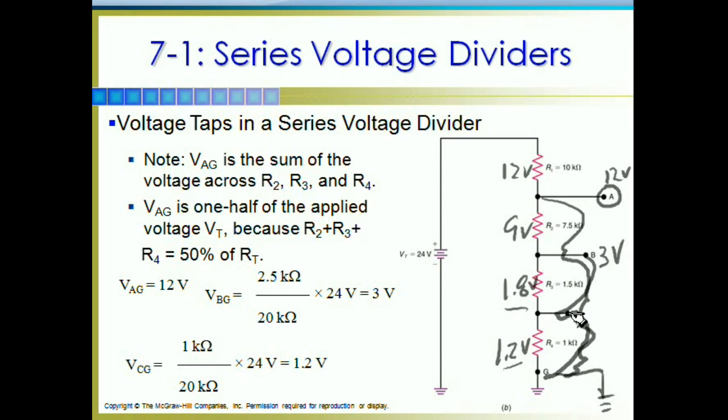If I'm looking at point C, I'm looking at the voltage drop at R4 only, 1.2 volts. Because all these measurements are in relation to ground.